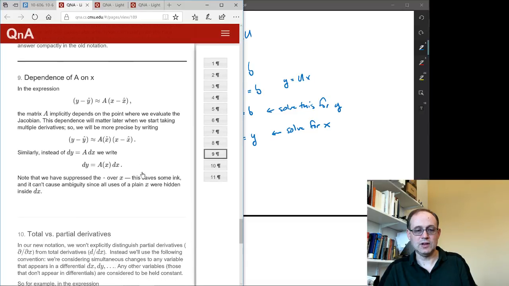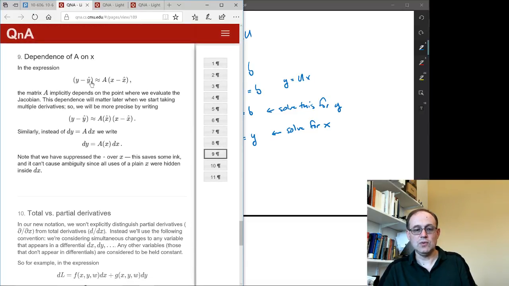All right, so when we have a Taylor series, the change in y is equal to A times the change in x, and the matrix A, the Jacobian matrix, depends on x hat. And so it makes sense to be more precise and say A of x hat. In an expression where the Jacobian is not constant, we'll write dy equals A of x dx.